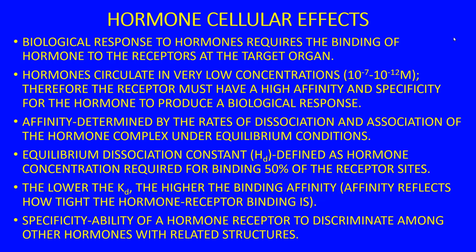In other words, affinity reflects how tight the hormone receptor binding is. And what you really want, keep this in mind, is you want an HD that is really, really tight. And therefore, it's not going to have it attach and detach, attach and detach.